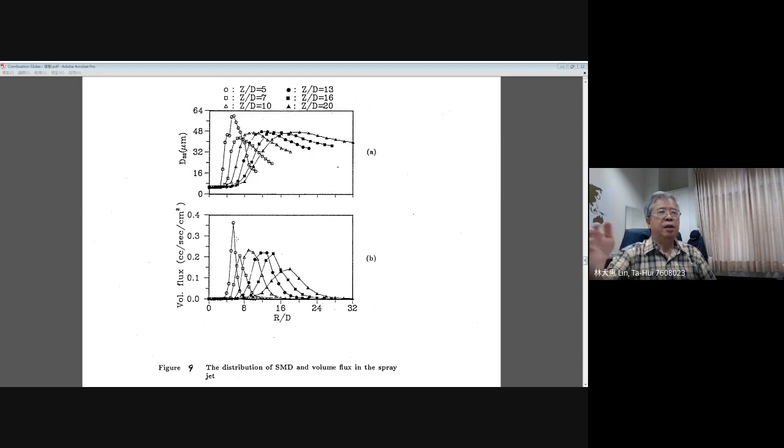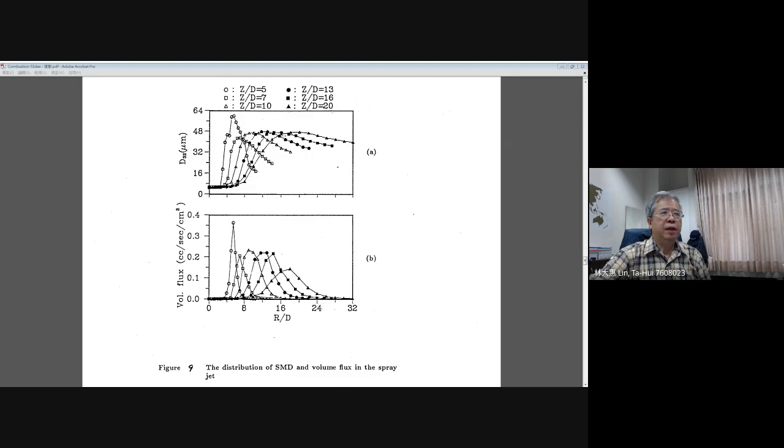But when you extend further downstream, as you increase the axial distance ratio from 7 to 20, you can see the droplet size does not change too much at the maximum point, but it extends to a large region. This extension of the Sauter diameter distribution basically follows the extension of the thickness of your spray sheet, the spray cone, the spray boundary.